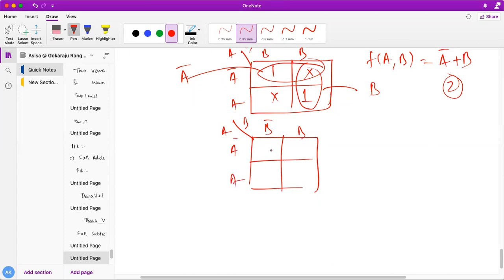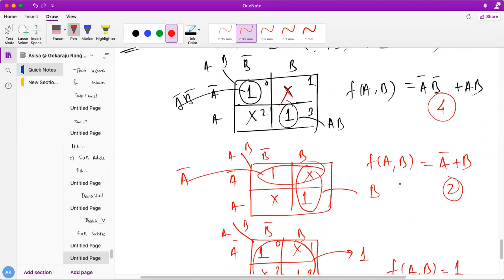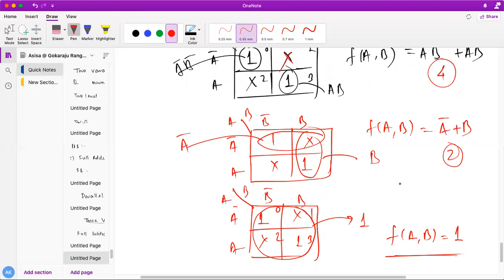A bar a, this is my 0, 1, 3, 2, this is my 1, 1, this is don't care, all 4 I can combine and I'll get just 1. So how is the output? Just output f of a b is 1, which is a minimized version. I am not going to use any literal over here. Do you all understand how effectively you have to use the don't care? You have to use the don't care where the number of literals is going to reduce. Okay, just do not use it haphazardly.